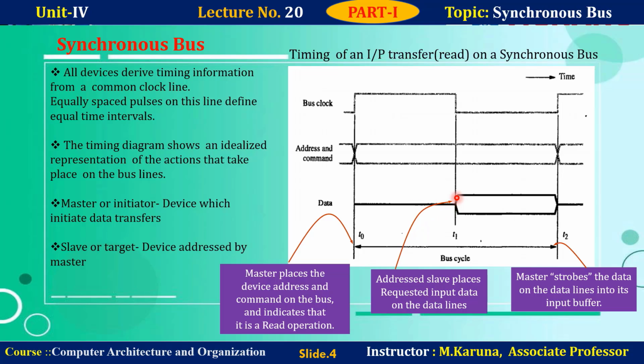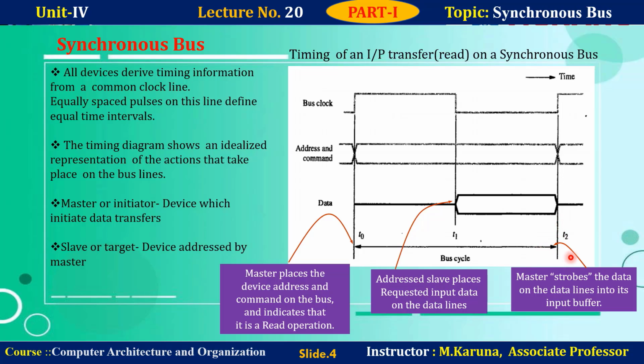At T1, the addressed slave places the requested input data on the data lines. At T2, this is the end of the clock cycle. At this time, the master stores the data on the data lines into its input buffer. That means the master collects the data from the data bus into its input buffer.